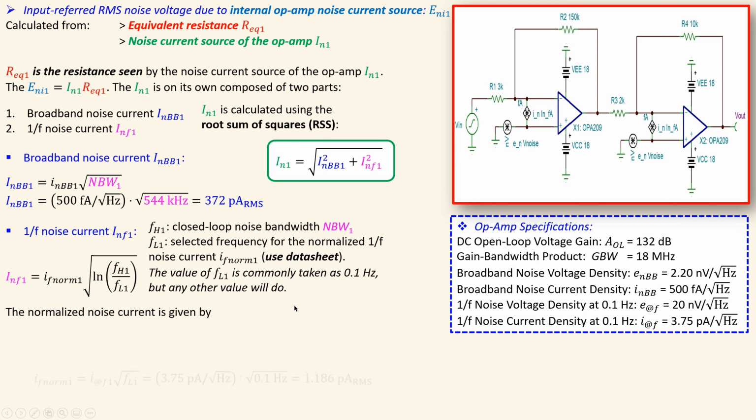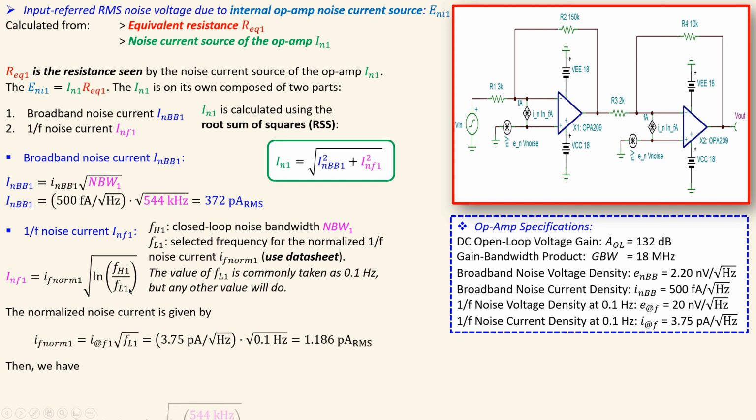So if I now use that and calculate the I sub f norm 1, I will have 1.186 picoamps RMS. Substitute that in this expression and then use the noise bandwidth here and also the 0.1 hertz here. I will have this value of 4.67 picoamps RMS.